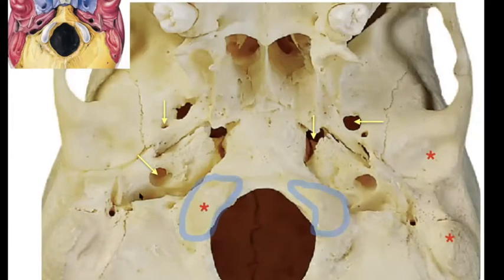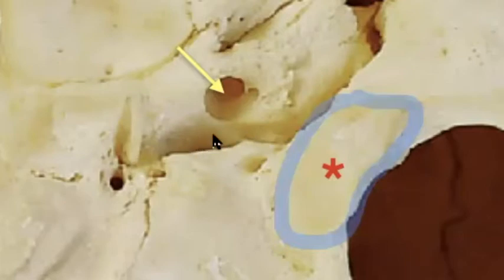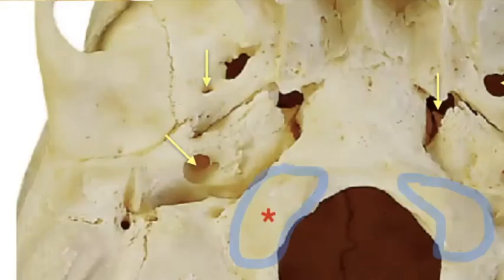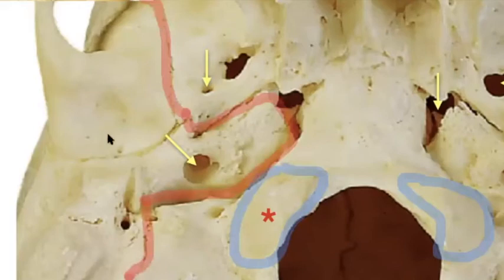You could kind of make out, but they weren't really clear enough for me to use, but that'd be your jugular. And then these holes, remember, which are entirely within the carotid canals, entirely within your temporal bone right there, right?